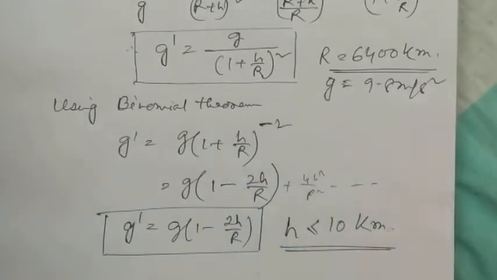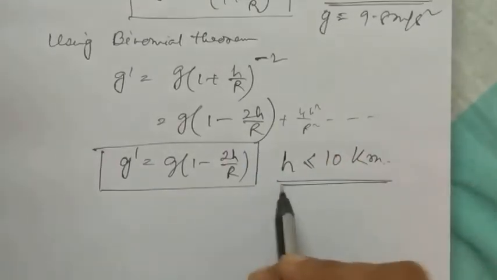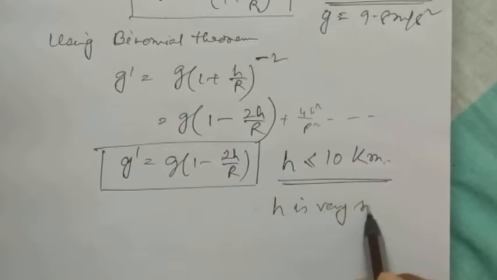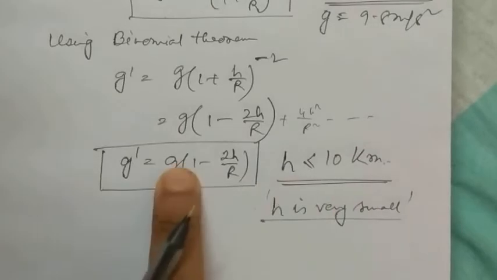Now the condition given in the question papers is that h is very small. They use a term like this: h is very small, and only then can you use this formula.